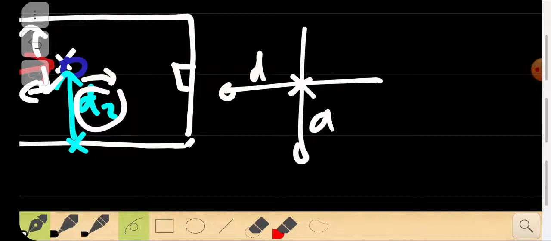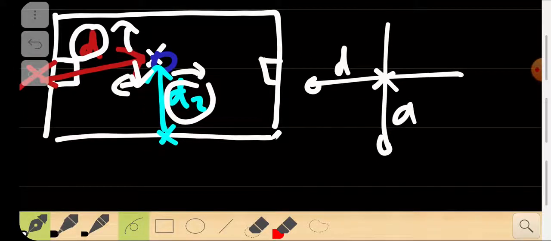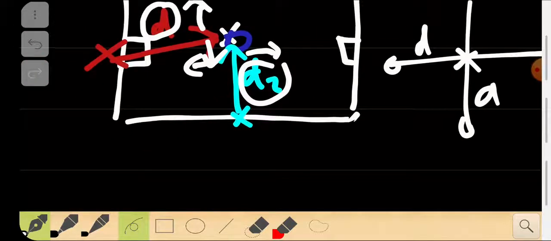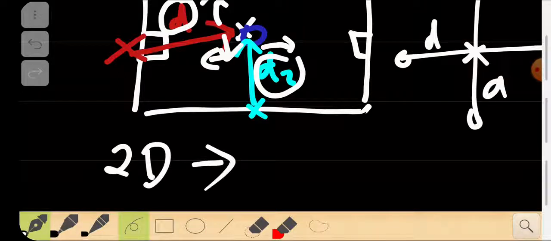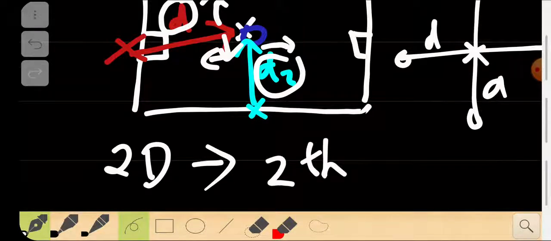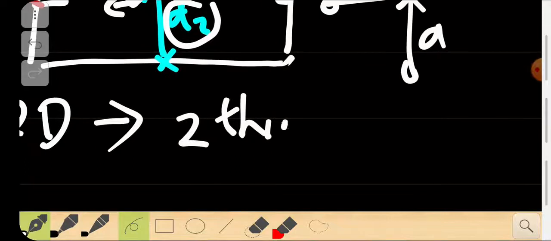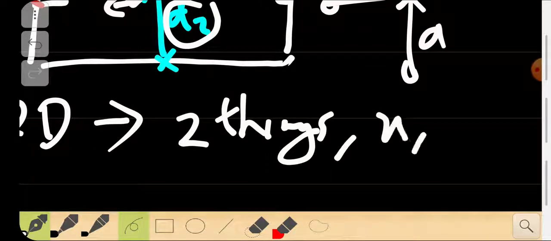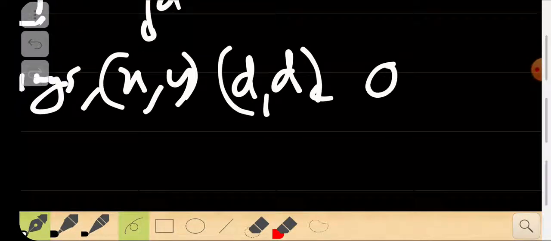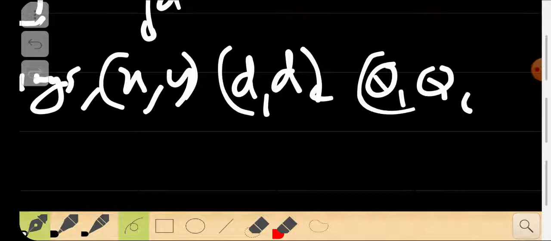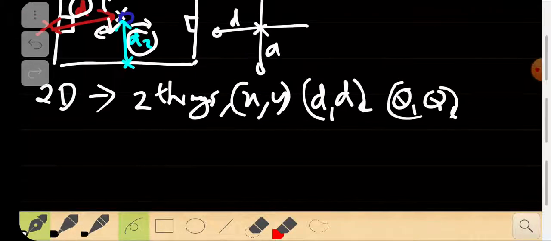So what it denotes is that in two dimensions you need two things to represent any position or location. It can be x, y, a coordinate system. It can be d1, d2, two distances. It can be theta 1, theta 2, two angles of some line. It can be anything, but it has to be two.